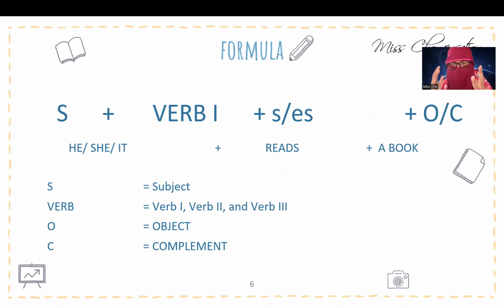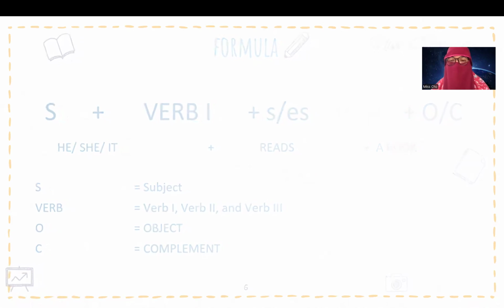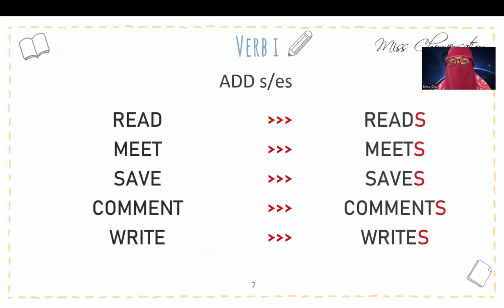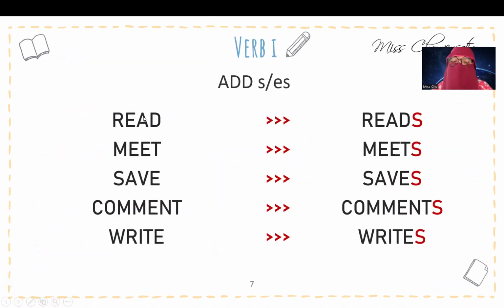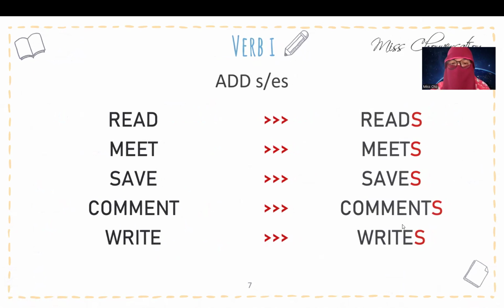The robot reads a book. Don't forget, when you use he, she, it, you need to put S at the back. So read becomes reads, meet becomes meets, save becomes saves, comment becomes comments, write becomes writes.